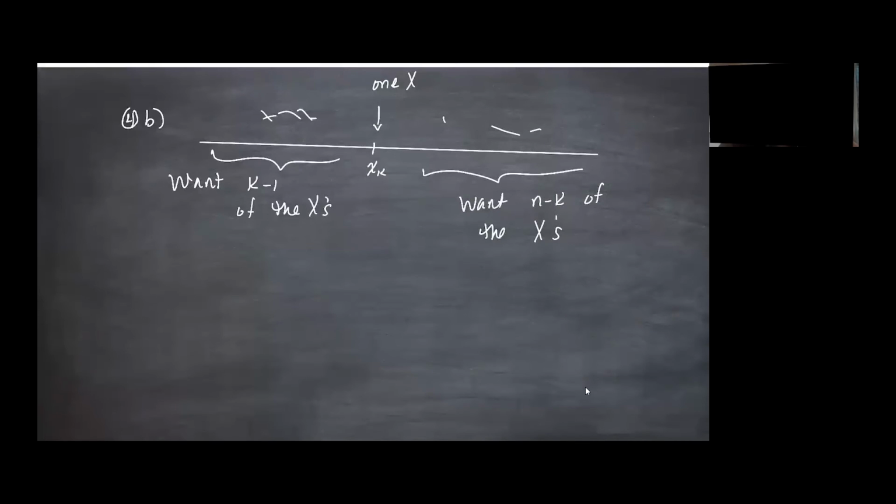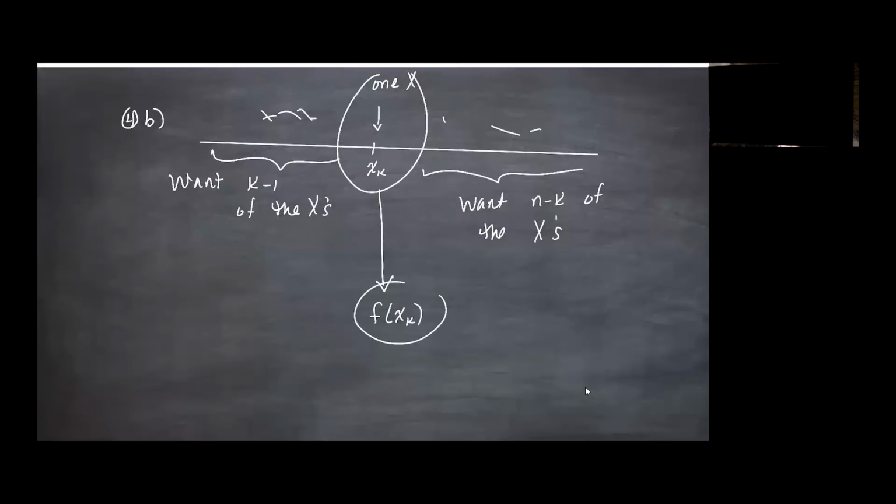And then the quote unquote probability that one of the x's falls right here on xk is f of xk. Now that's a PDF, so the probability of falling there is 0. But this is why I was talking about a heuristic: if you treat it like probability, then the probability of getting 1 right here is equal to this.